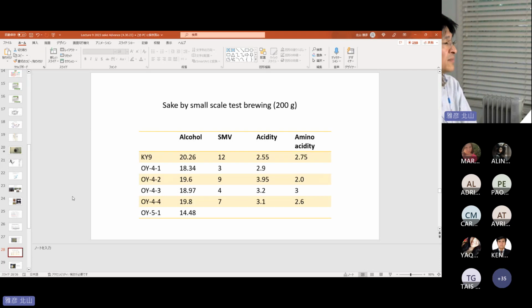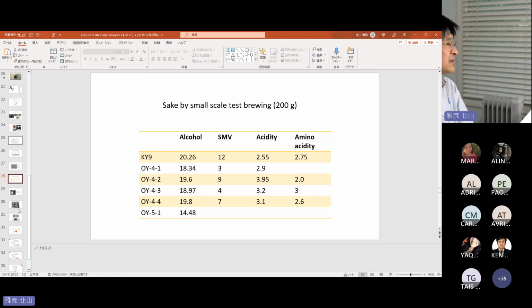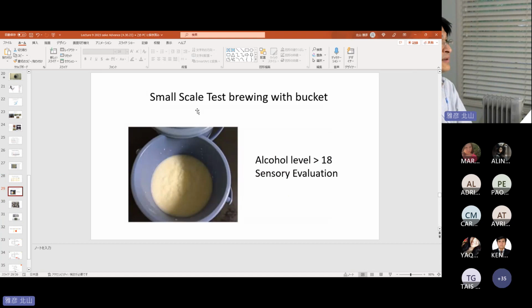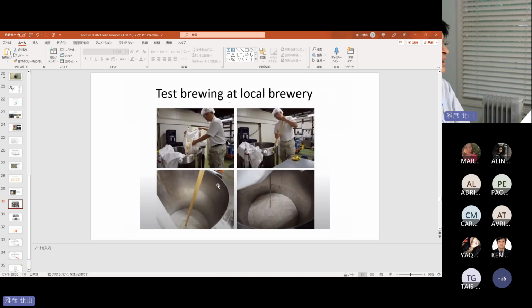So based on this data, they, this shows a photo of small-scale test brewing with a bucket. Very easy, just mix water, steamed rice, koji, and yeast. This shows a large-scale test brewing.